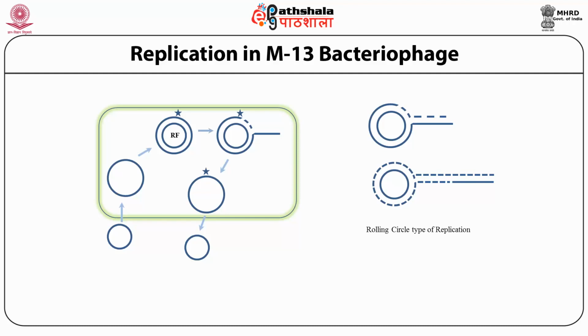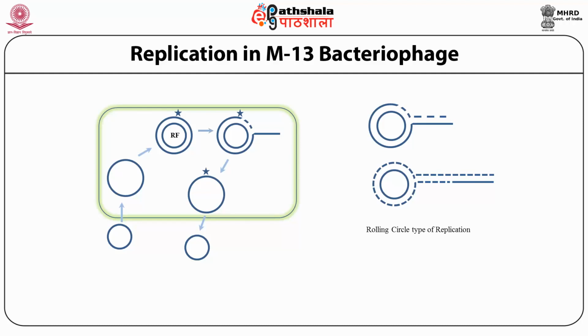This nicks one strand of the double-stranded circular DNA molecule at a site called the double strand origin or DSO. The initiator protein remains bound to the 5' phosphate end of the nicked strand, and the 3' hydroxyl end is released to serve as primer for DNA synthesis by DNA polymerase III.